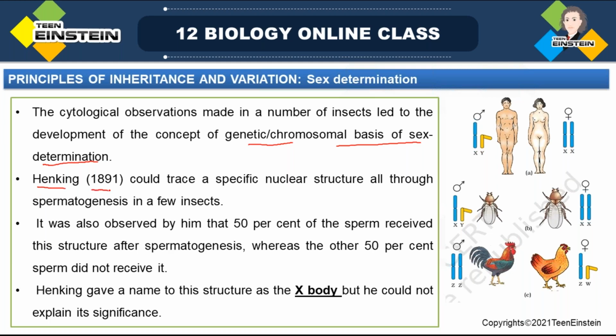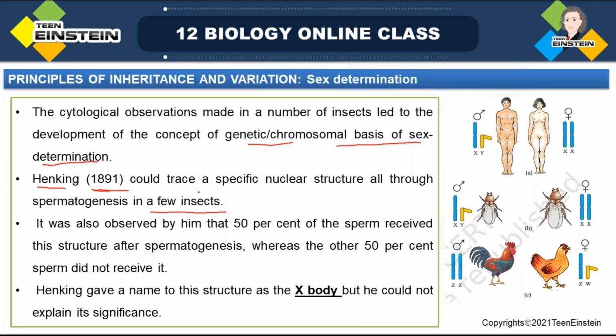Henking, in 1891, traced out a specific nuclear structure all through the spermatogenesis in a few insects. Okay, they conducted this in insects. So how did Henking do that study?